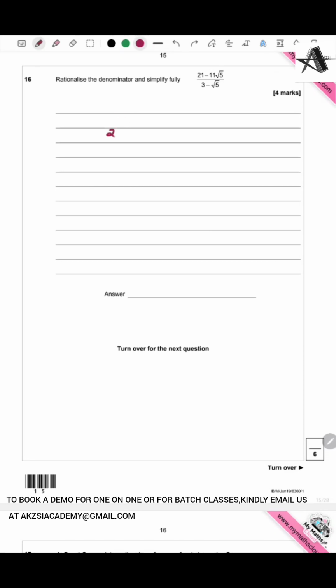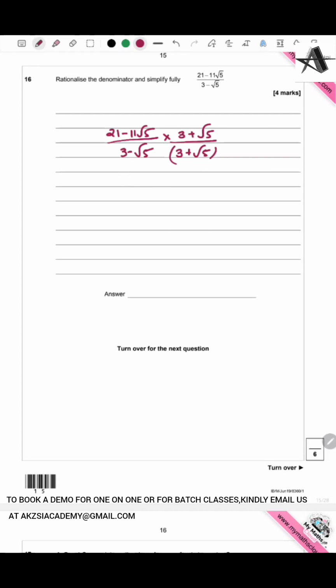So as it is, I have to write 21 minus 11 root 5 over 3 minus root 5. Then I need to divide and multiply, but with the positive sign. So here it will be 3 plus root 5 and 3 plus root 5. Now just need to multiply numerator with numerator, denominator with denominator.